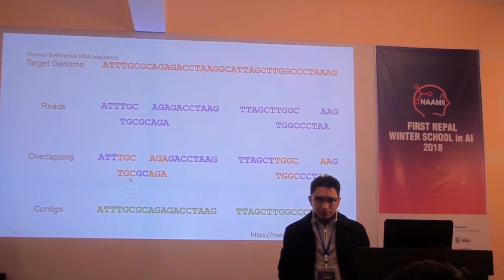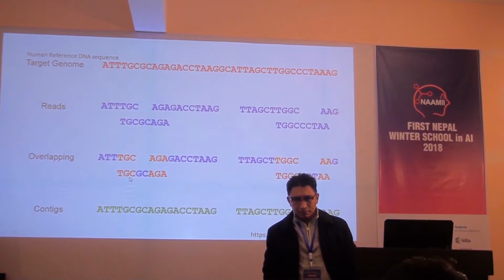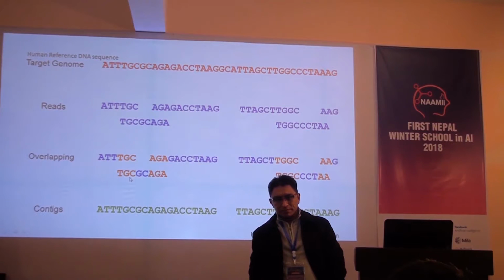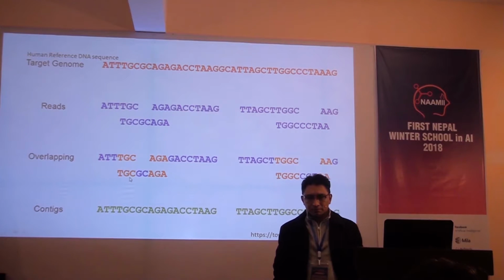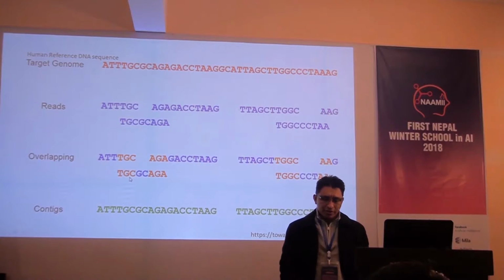So the fragments which we discovered are for that one reference DNA. How will it be useful, or how can we apply them to other humans? Yeah, you're very correct.